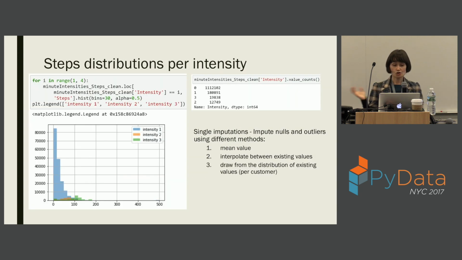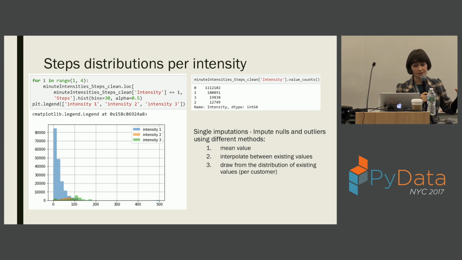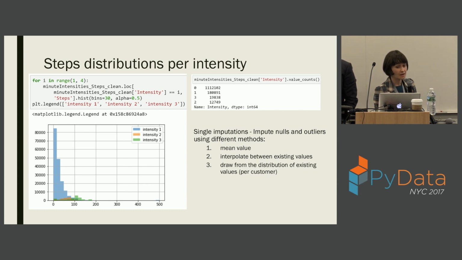So back to the example. This is a plot of the step distributions per intensity. What you can observe is that for intensity 1, the distribution goes down sort of exponentially, a clear stepping down, and then intensity 2 and 3 look more like normals.